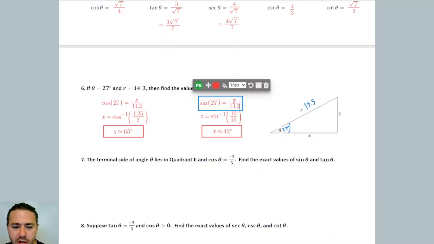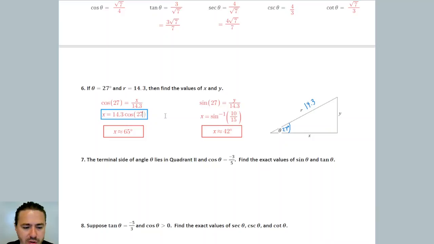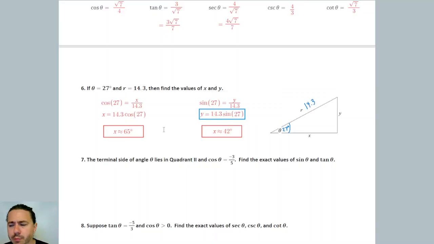You're plugging in the same numbers. It's just a different trig function because we're talking about a different side. So over here, x will be 14.3 times cosine of 27. And we might as well just solve these at the same time since we're doing the same exact step here. And over here, not x, but y will be 14.3 times sine of 27. So we'll need to plug both of these into the calculator.